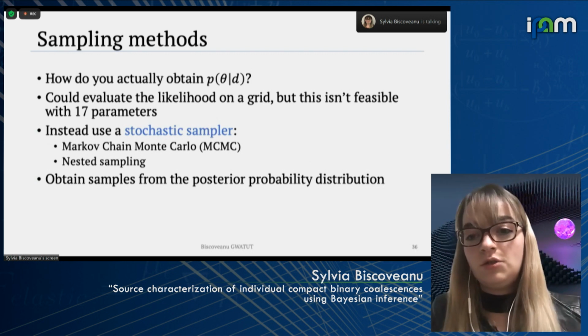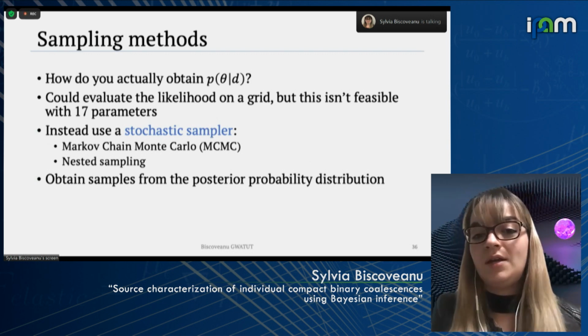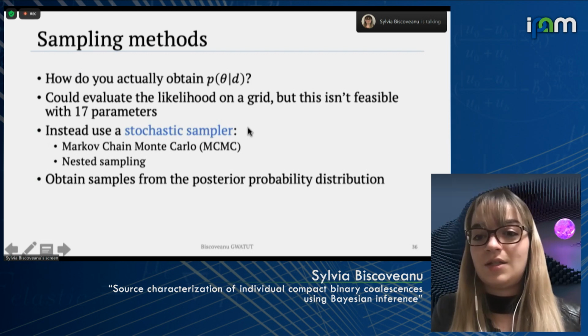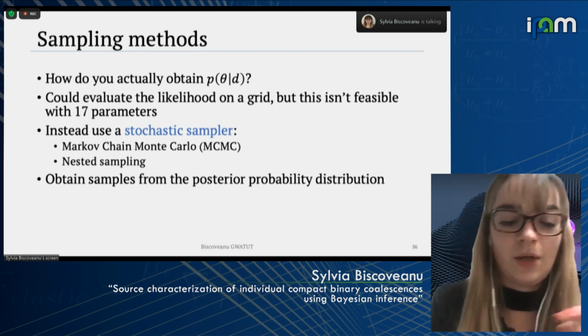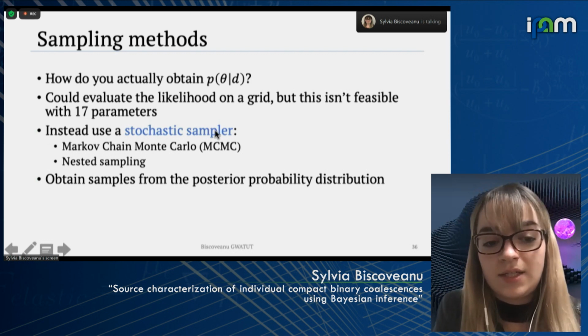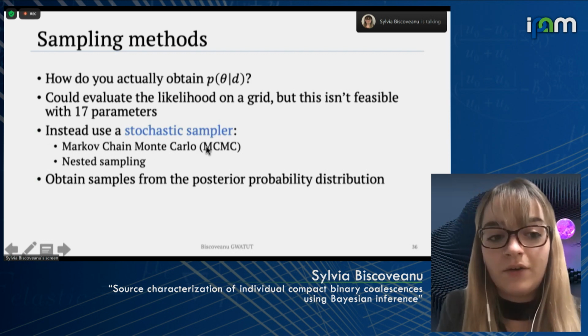So you could do this on a really big grid with all 15 or 17 parameters that you're interested in, but this really isn't feasible in such a high dimensional space because the number of grid points that you need explodes. So instead, we typically use a stochastic sampler, and there are two main algorithms.